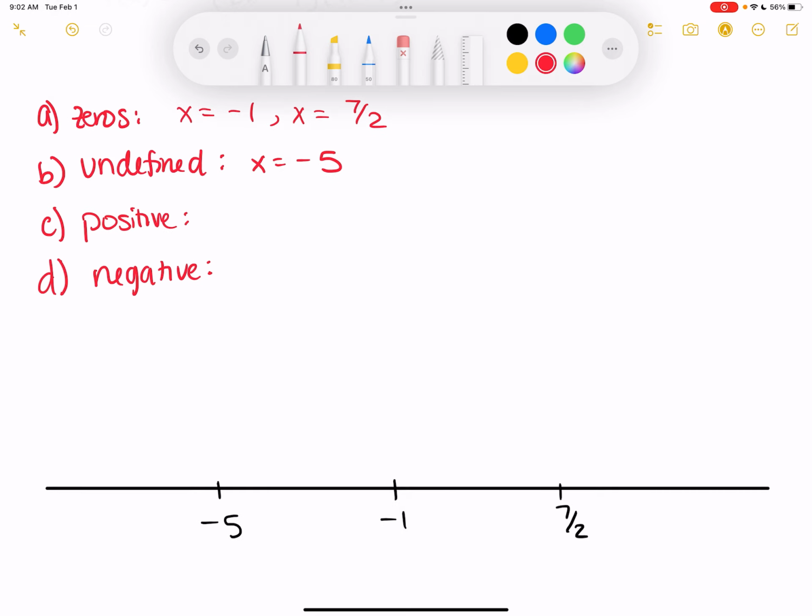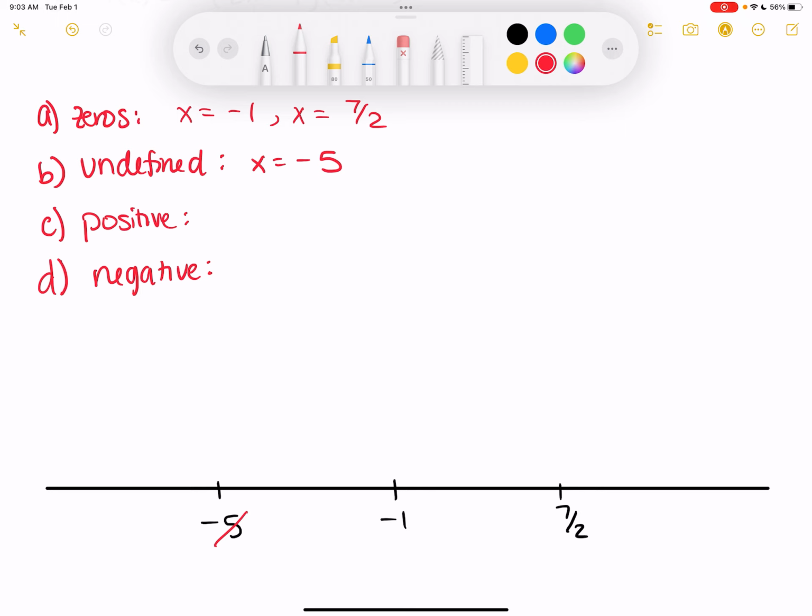But what I do is I put a line through -5 because it can't exist there. So if I were answering questions about where it's greater than or equal to 0, let's say, and this happened to be in there, this value wouldn't be included because it makes the denominator 0. So it goes there for the purposes of finding your regions, but it does not get included because it would make the denominator 0 and thus your whole problem undefined.